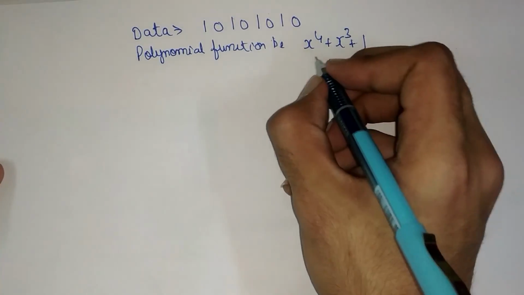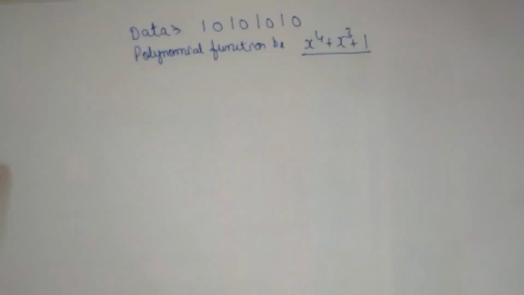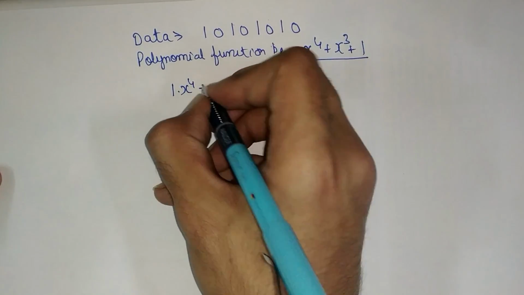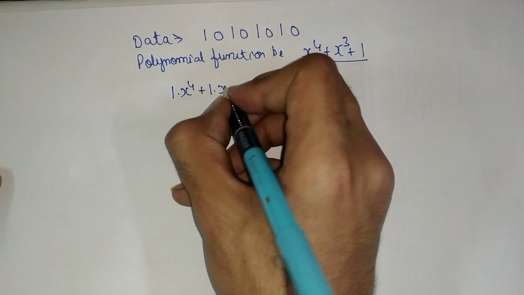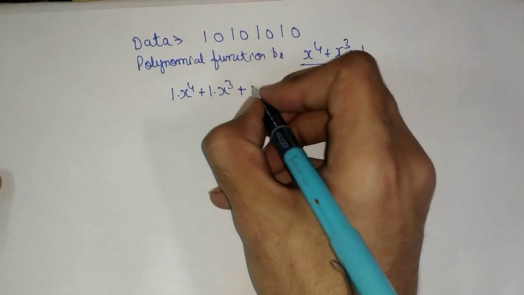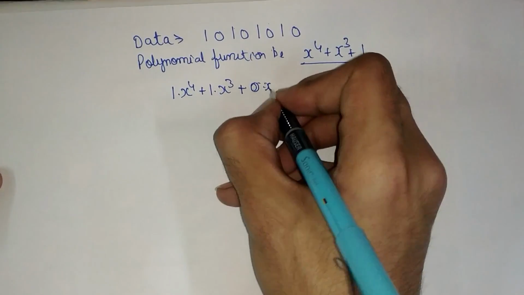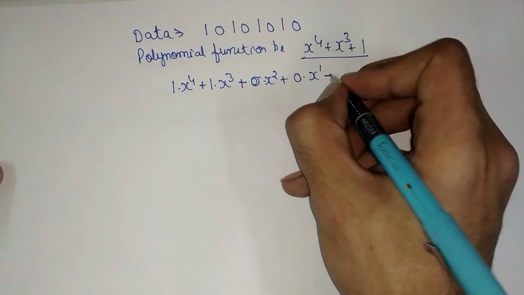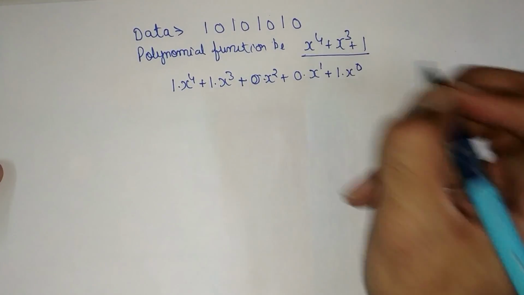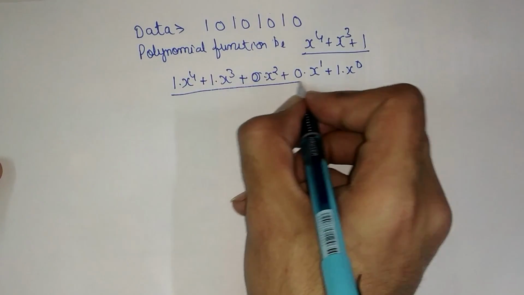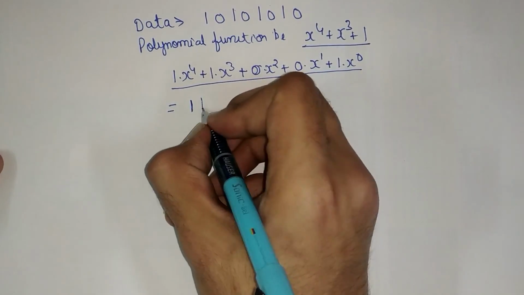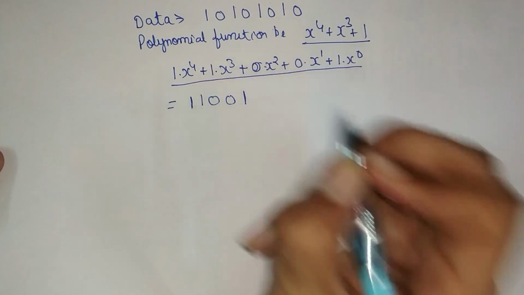First of all, we need to convert this polynomial function into bit format, just by taking its coefficients. This gives us the bit format of the polynomial function, which comes out to be 1 1 0 0 1.